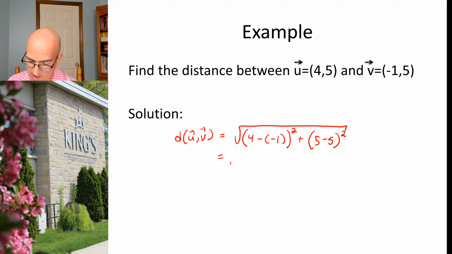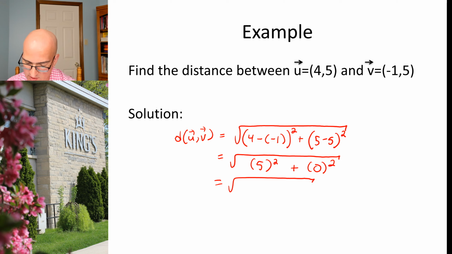Okay, let's simplify. 4 subtract negative 1 is the same as 4 plus 1. So square root of 5, all squared. 5 minus 5, we have 0, all squared, and we'll simplify that. So the square root of 25 plus 0.